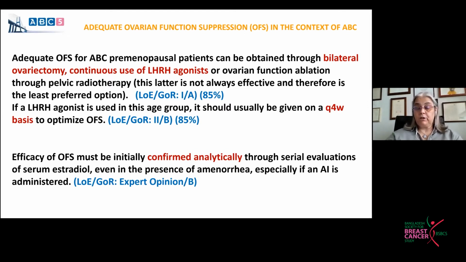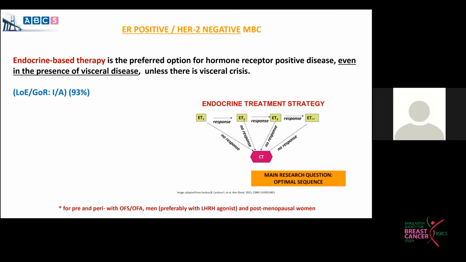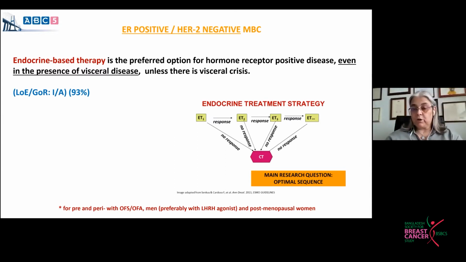And then moving to the specific recommendations for this subtype of breast cancer, please remember that endocrine-based therapy, and again endocrine-based therapy, and again endocrine-based therapy is your option and your choice, much more than just going for chemotherapy.